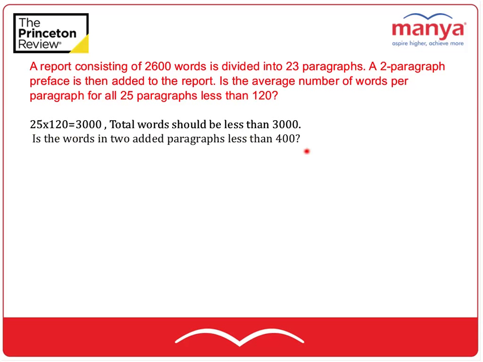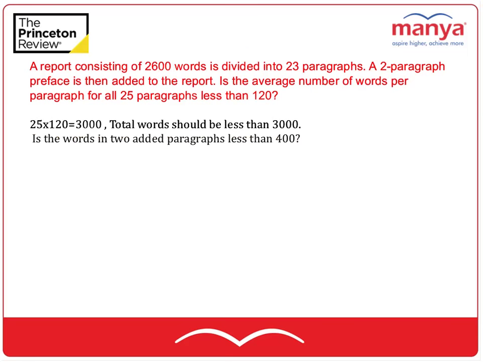That is the data we require from the statement, because we know the total has to be less than 3000 and we already have 2600. If I had 400, it is going to become 3000, but I wanted less than that. So the 2 added paragraphs should have words less than 400. Once you understand the question, it will be clear for us to go with the statements now.